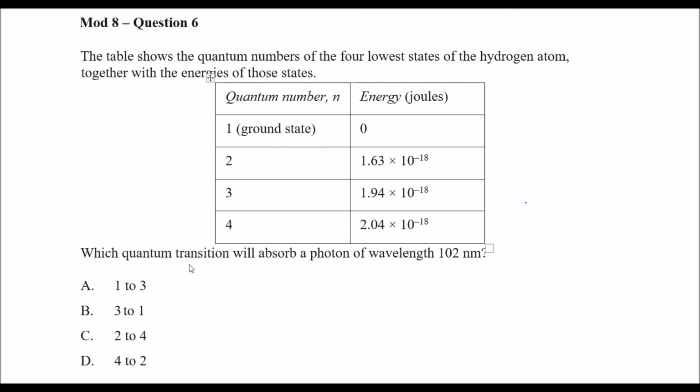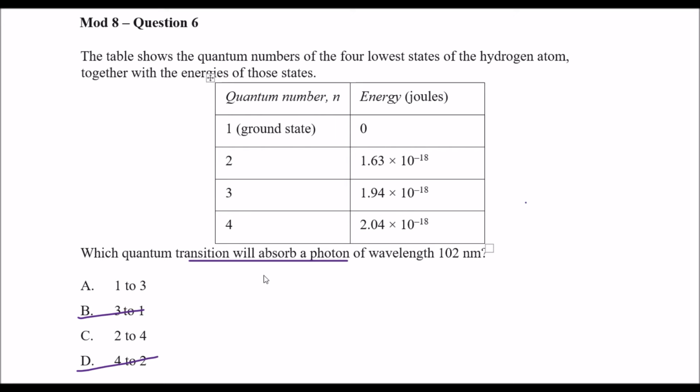Now, the key part is transition absorb. If it's transition absorb, we are going up the table. So it needs to start at 1, 2, 3, whatever, but it needs to go up. That means we can already rule out B and D. So that's the concept there.